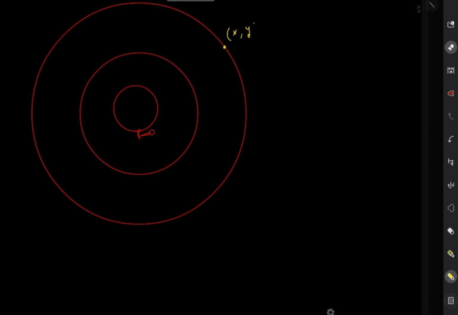Let's talk in two dimensions. So let's take z equal to 0. We are dealing in only a 2D plane.